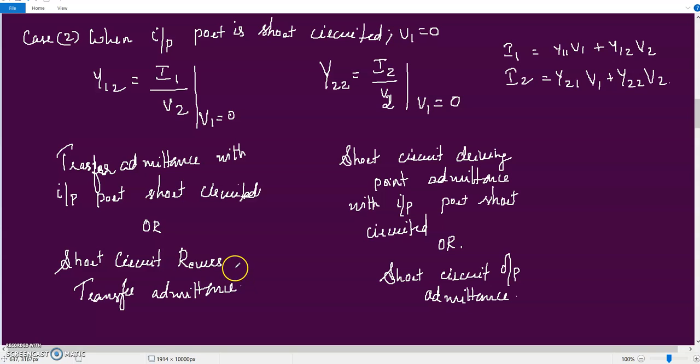It will be easier for you to study all the second names: short circuit reverse transfer admittance, short circuit output admittance. All these admittance parameters are measured with the input or output port short circuited, and this is the reason why it is called short circuit admittance parameter.